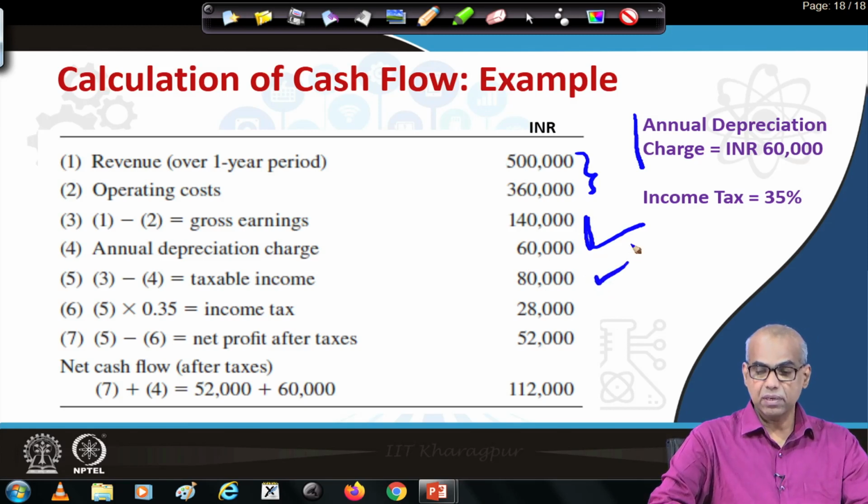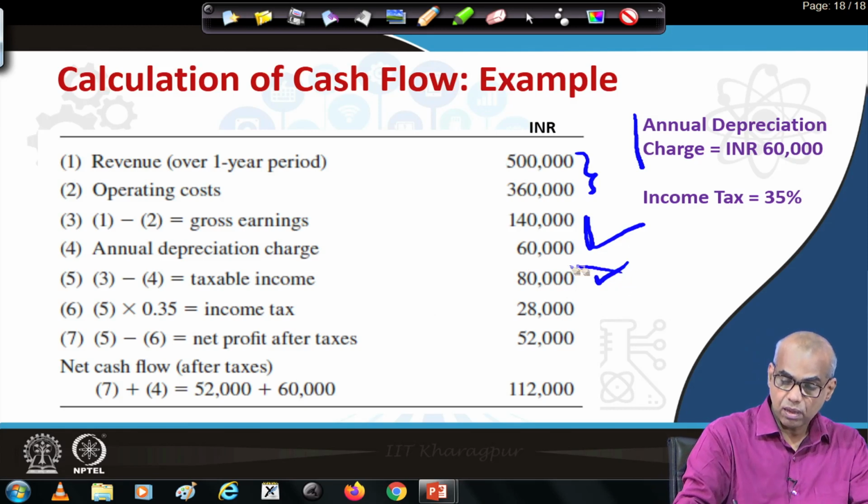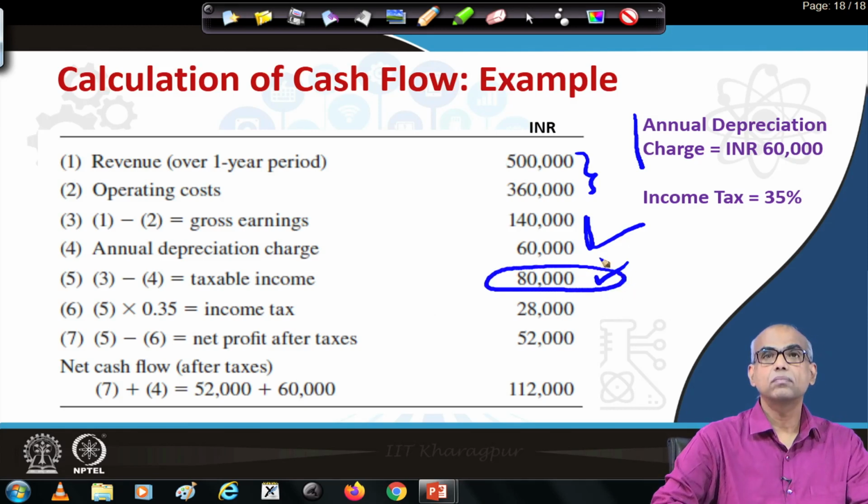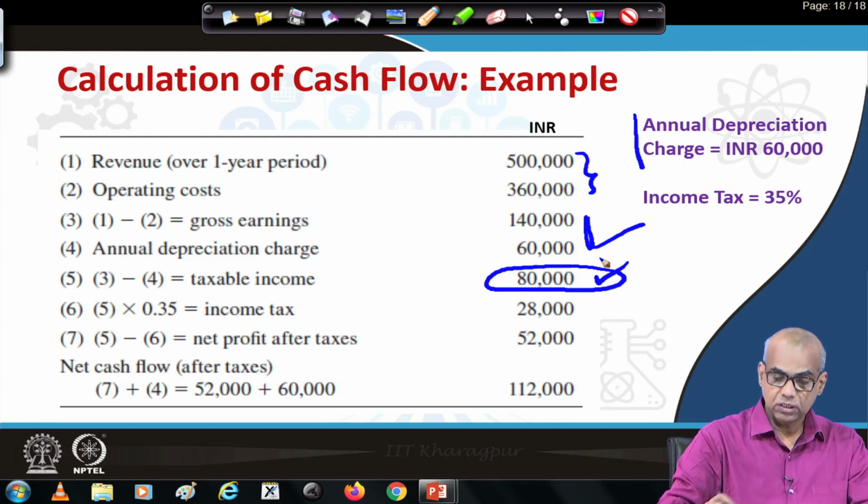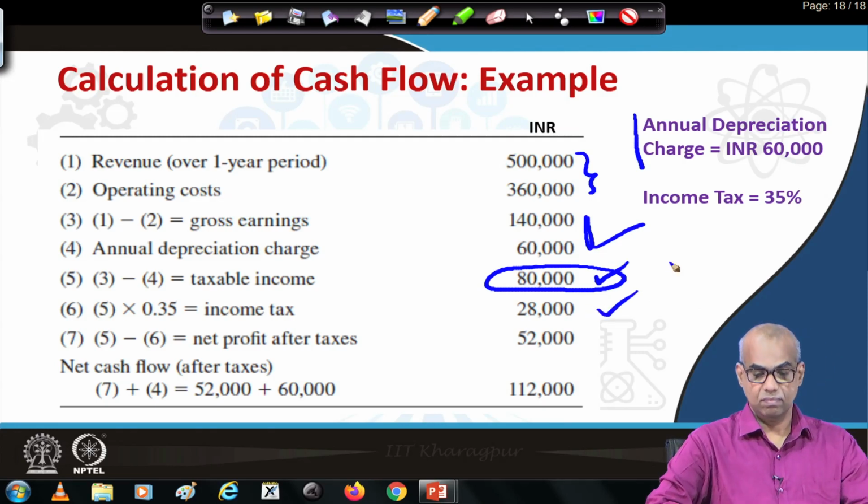This is the taxable income. Let us consider income tax is 35%. So, the amount of income tax that the company will pay is 35% of 80,000 rupees, which is 28,000 rupees.